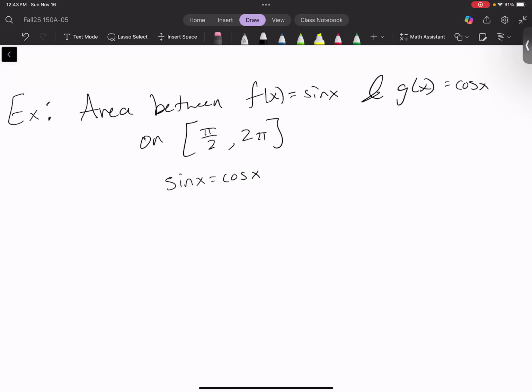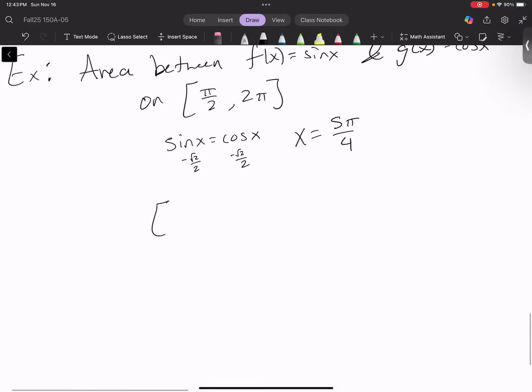But there is another spot where sine x equals cosine x, and that's when they're both negative root 2 over 2. Right, so that is 5 pi over 4, and that is in our interval. Okay? So that's why I didn't talk about 5 pi over 4 last time, because it was outside of our interval. But now that we have that, we have our two intervals. So pi over 2 to 5 pi over 4, and then 5 pi over 4 to 2 pi.